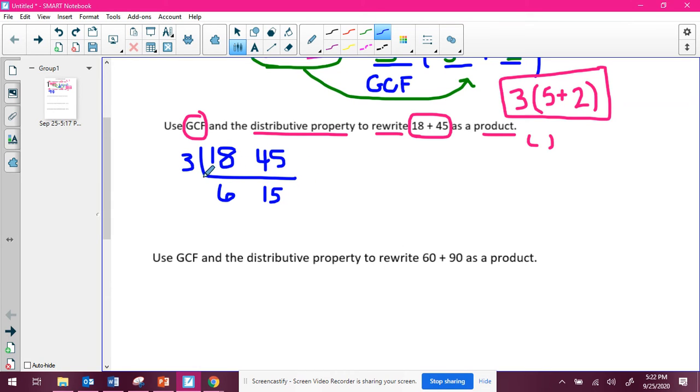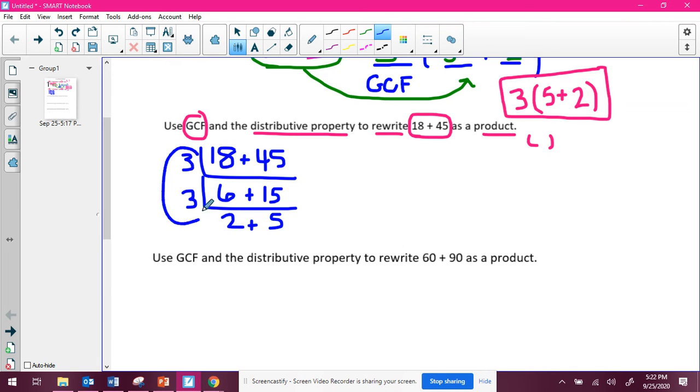I can divide again. I can take out 3 again. 6 divided by 3 is 2. 15 divided by 3 is 5. I've now finished because 2 and 5 do not have any factors in common. I need to put the plus sign there.